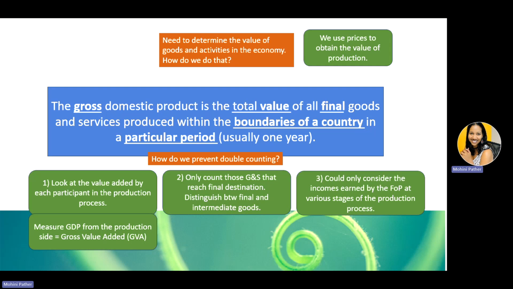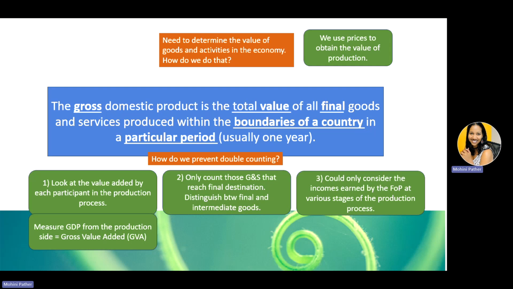So you have to only consider the income that is earned by the factors of production. We are not looking at the grain that is going into the flour, but what we paid to turn that grain into flour. How much did we pay for the mill, the capital, the entrepreneurship, the labor?